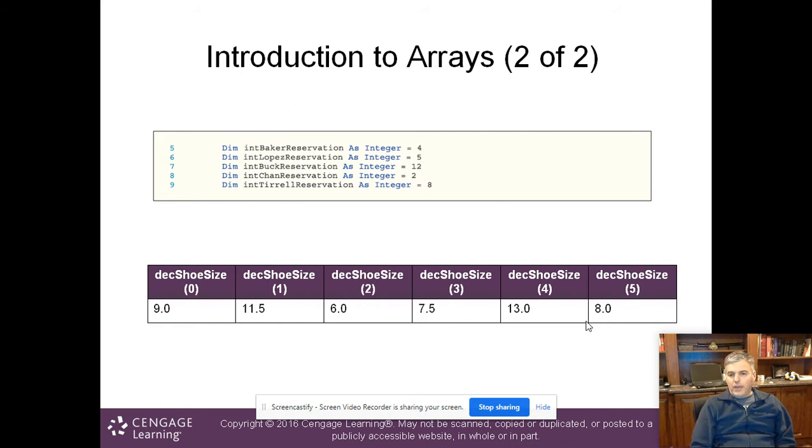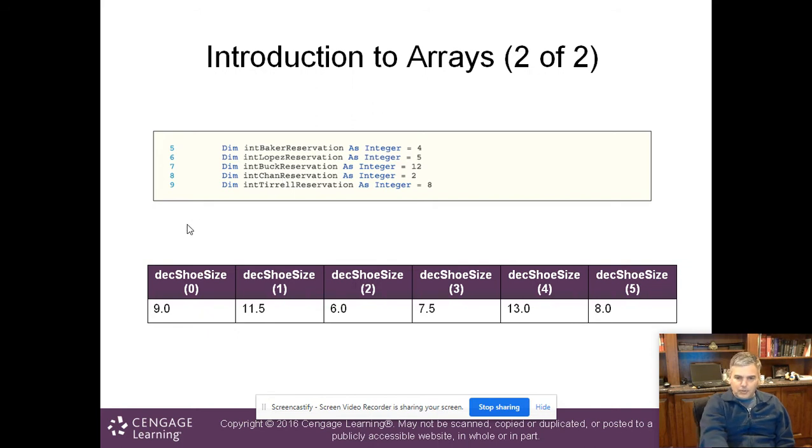So if you had multiple values, you could declare, rather than using an array, in this example, 5 different variables for different reservations. And you could do that, right? You could declare 5 different variables, but if you don't need to, you shouldn't. So we have this thing called arrays that will hold multiple values of the same type.